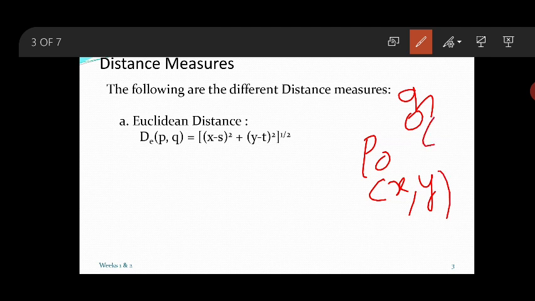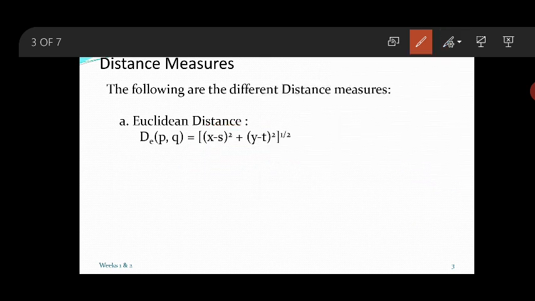The coordinates of Q will be s comma t. As you know, there is a distance formula. The distance between P and Q will be x minus s whole square plus y minus t whole square, the square root of that. I hope it is clear for you. That is the Euclidean distance measurement equation.